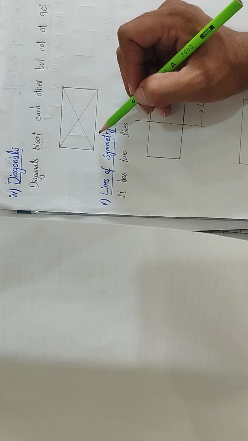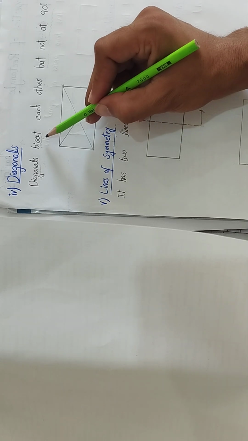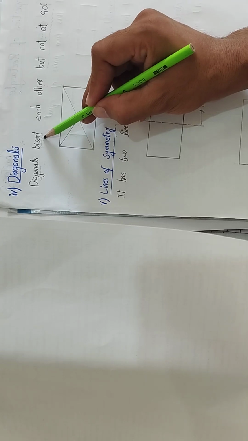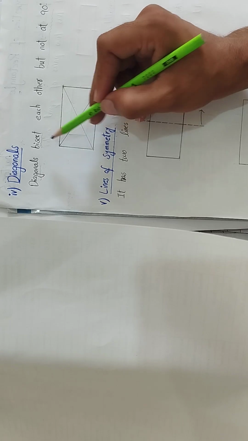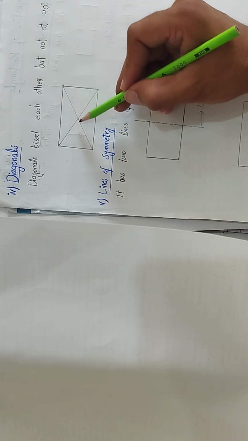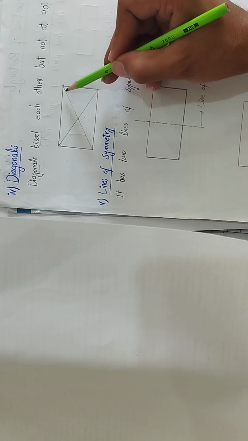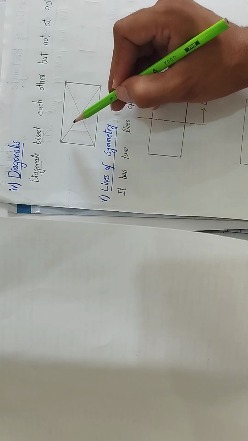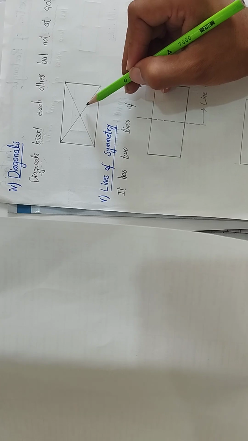We have discussed the meaning of this word in our previous video. What do you mean by bisect? Bisect means both the diagonals cut each other in half. If you see in this diagram, this diagonal is cutting the other diagonal into two equal parts.